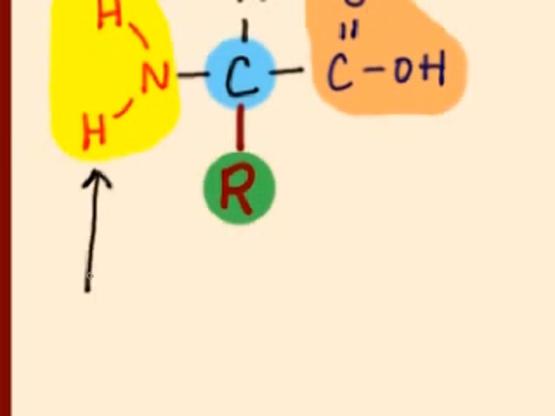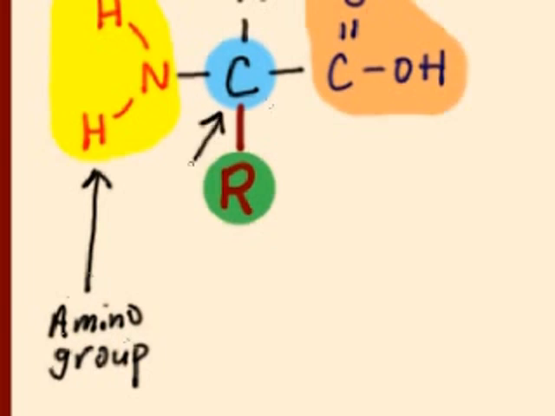NH2 is known as the amino group. This carbon here is called the alpha carbon. We can use the Greek letter alpha, or we can write it out, alpha.